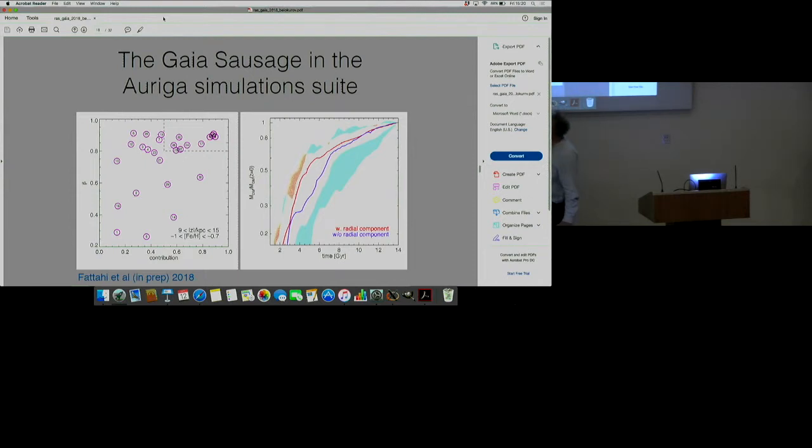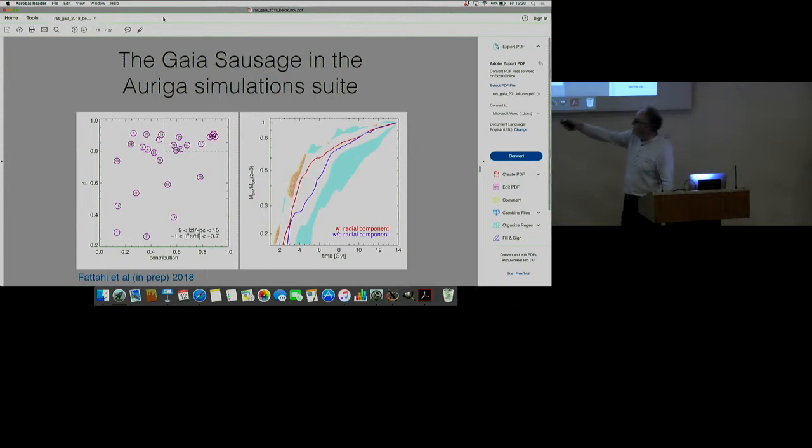And I've just shown you that the anisotropy parameter is very extreme. So the Auriga simulations that roughly match the Milky Way are in the box, and maybe the best match of all is shown by the pink splotch. And here we're looking at the assembly history of all these simulations. The pink splodge is what looks like the Milky Way, and the blue is the average of the Auriga simulations.